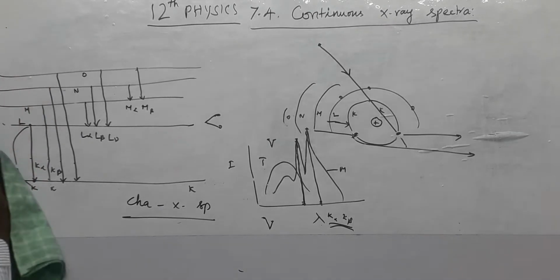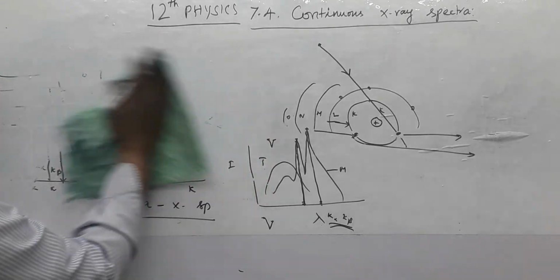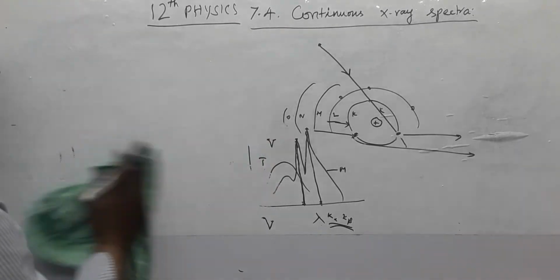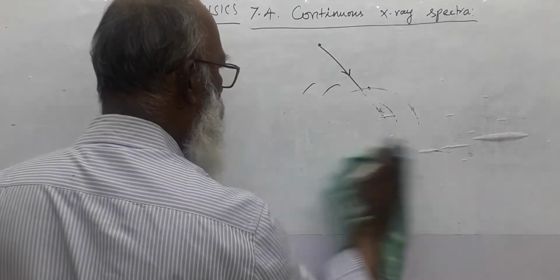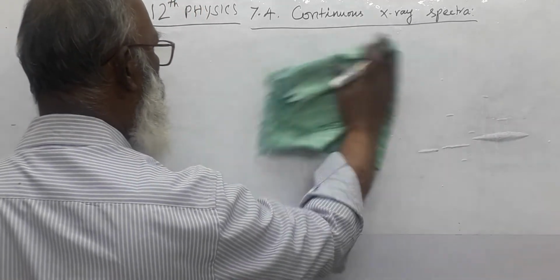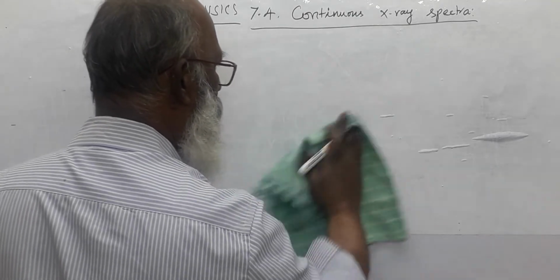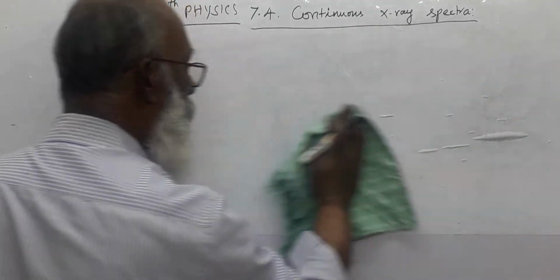Then next, what are the uses of X-rays? A very simple question. It may be asked in 3 marks, 2 marks, or 5 marks. Sometimes it may be asked in 1 mark also.